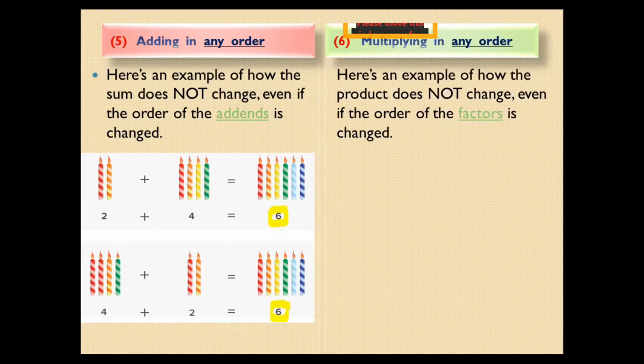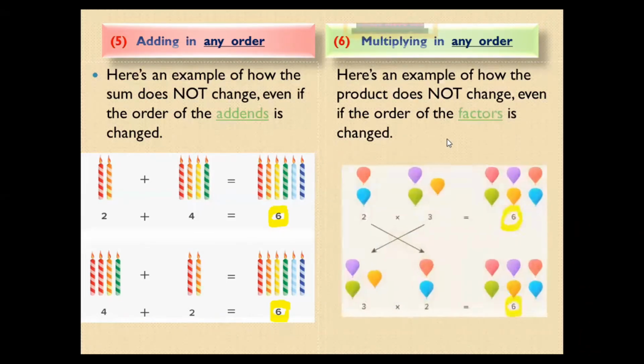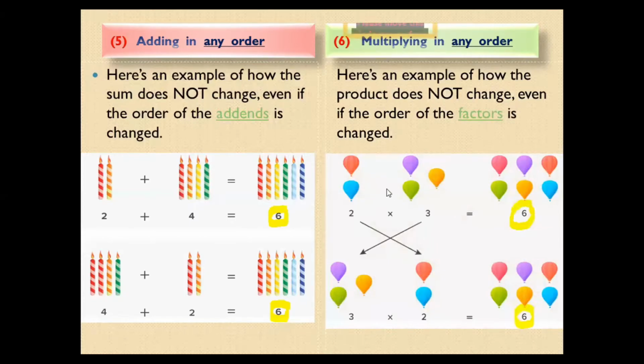In the multiplying in any order fact, here is an example of how the product doesn't change even if the order of the factors is changed. Here we have two balloons and I want to get the product of 2 by 3 balloons. The product of 2 by 3 equals 6.